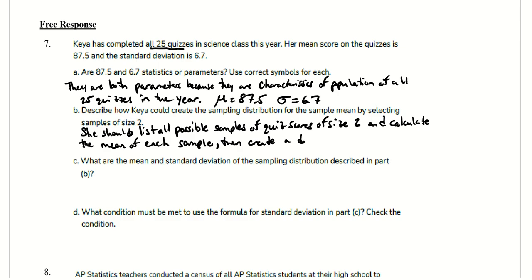Then create a dot plot of the results of the sample means.